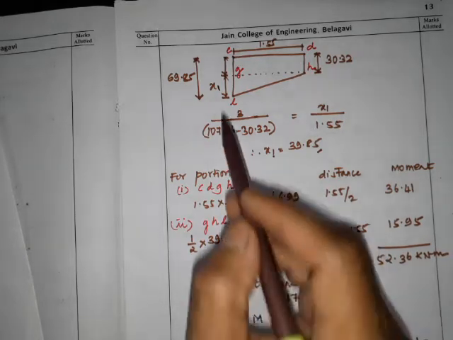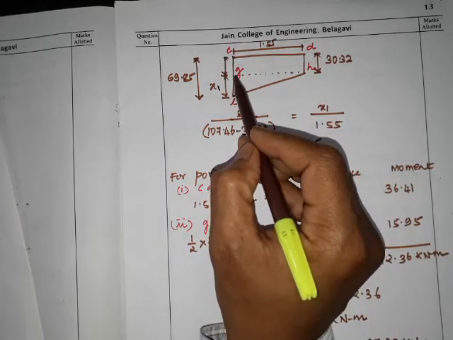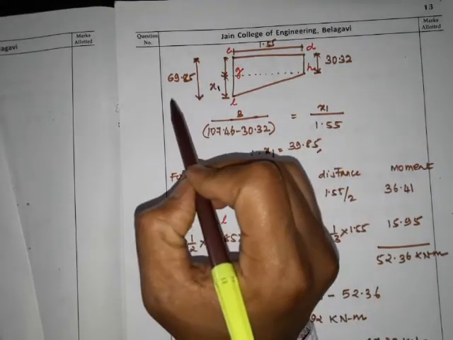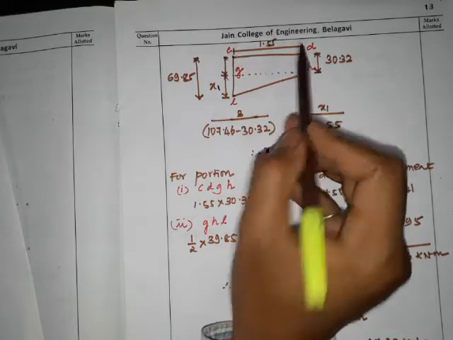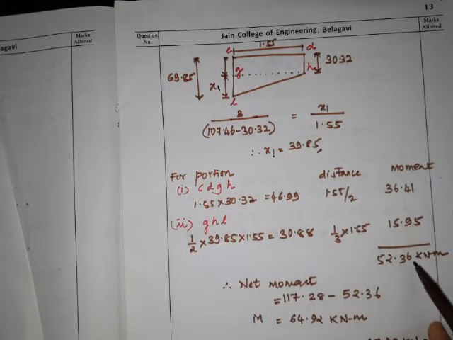Again the centroidal distance: it is the base of the triangle, so from the base the centroid will be at a distance of 1/3 of the height. The height of the section is 1.55, so 1/3 of 1.55. After multiplication we get this.